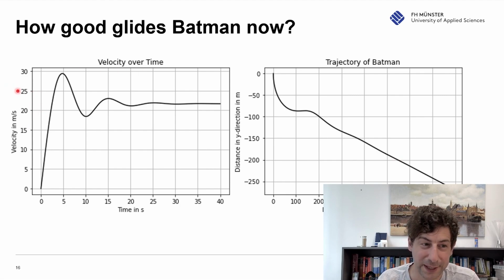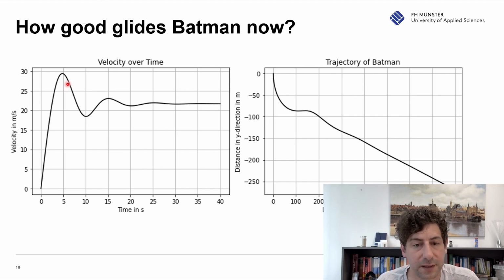You can calculate the miles per hour or kilometers per hour from this, but it's really fast. So what can we say is Batman is able to glide based on our simple model, but he's too fast for these very direct stops. So he needs time to brake, right?